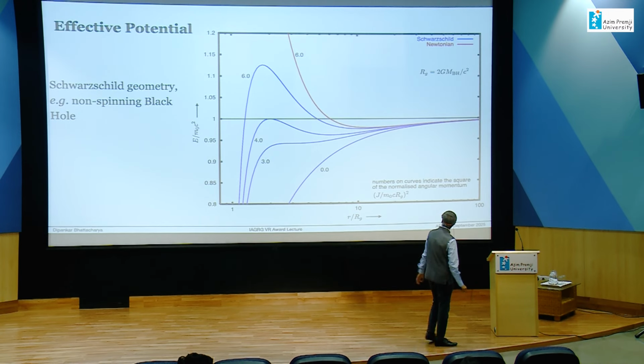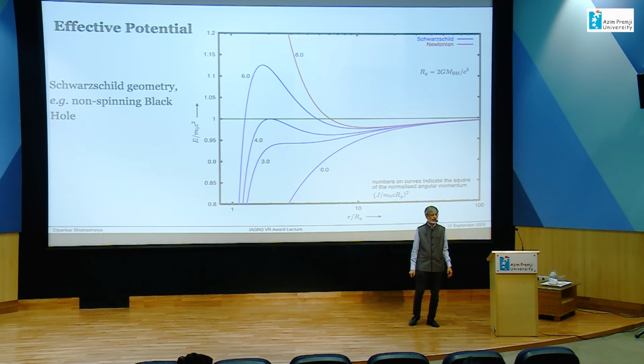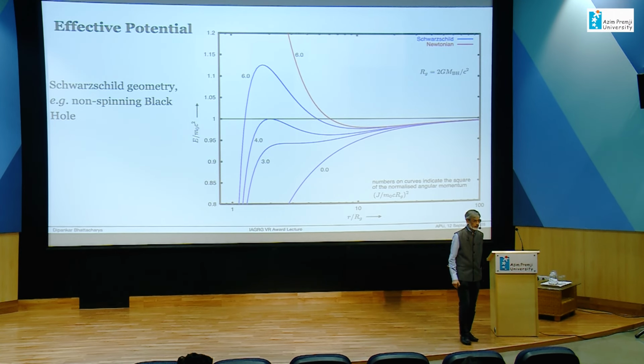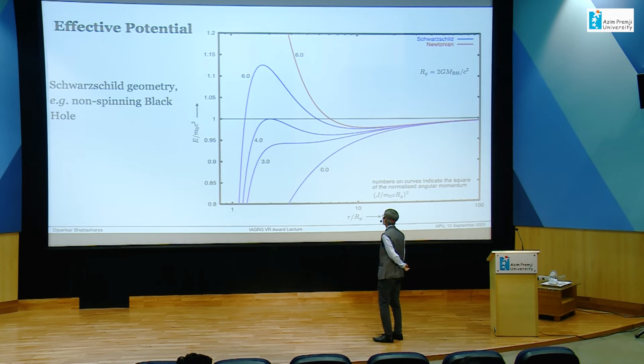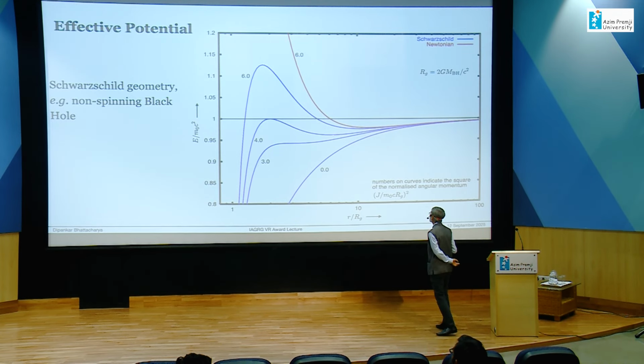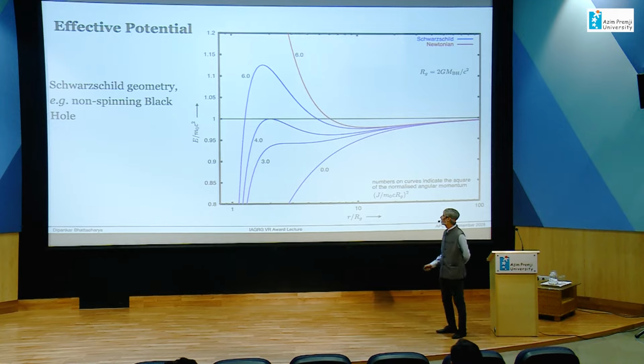Now, what I've drawn in blue is what happens when you take general relativity into account for a non-rotating black hole, let us say, a so-called Schwarzschild geometry. Here, just because you have a negative energy doesn't mean that you will have a bound orbit.